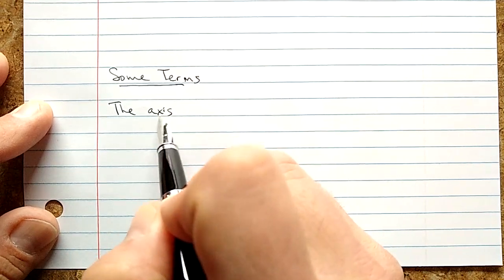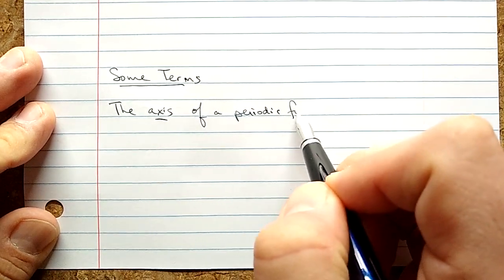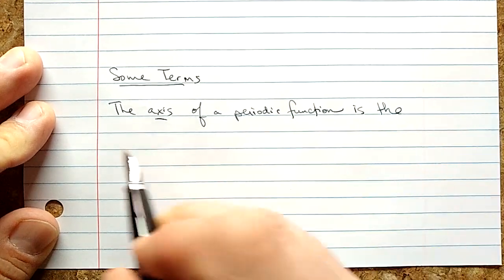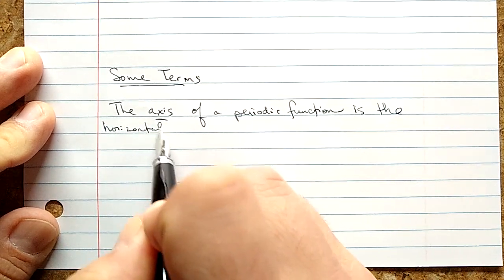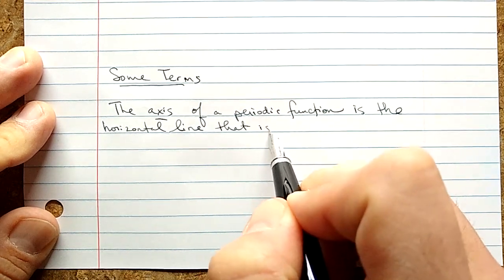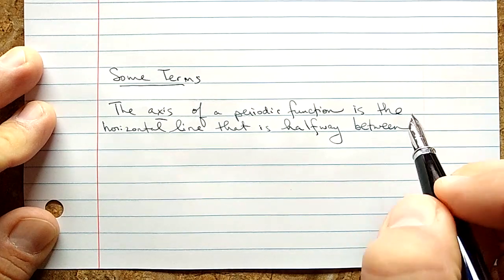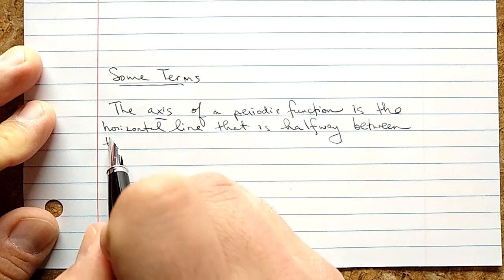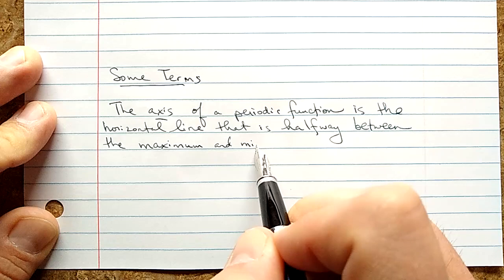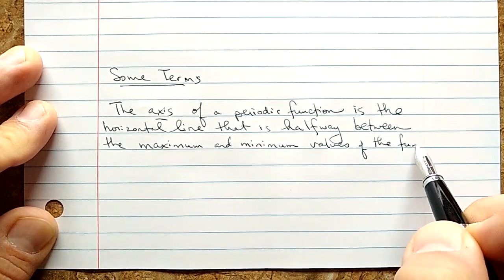The axis of a periodic function is the horizontal line that's halfway, vertically halfway, between the maximum and minimum values of the function.